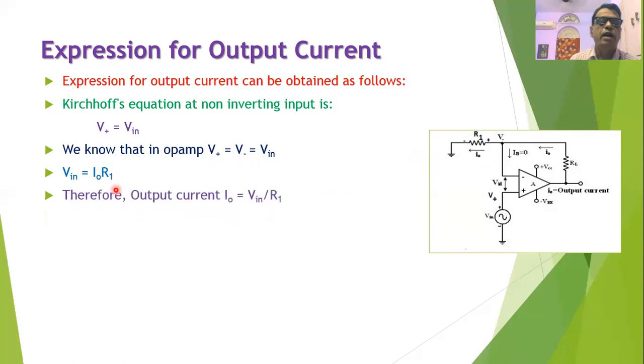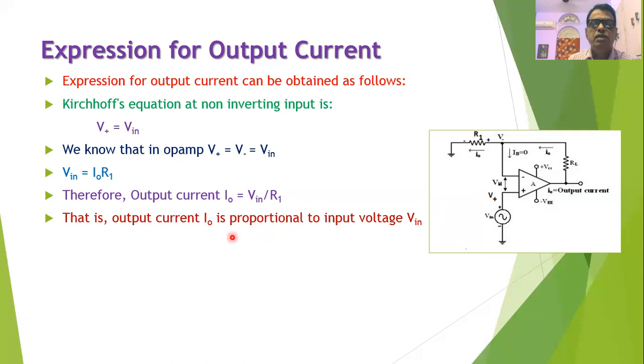Therefore V in is equal to I0 into R1, and the output current I0 is equal to V in divided by R1. From this expression, we can say that the output current I0 is proportional to the input voltage V in, and therefore the circuit works as a voltage to current converter.